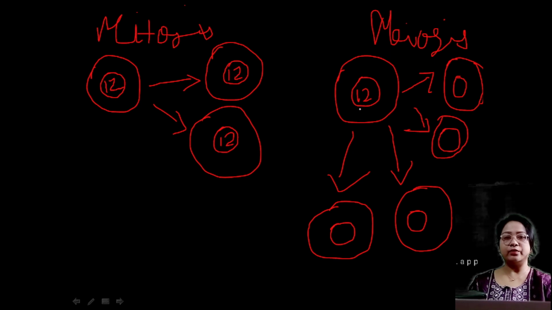Half of 12 will be 6. So the daughter cells will contain 6 chromosomes.